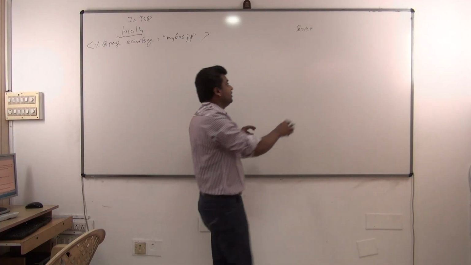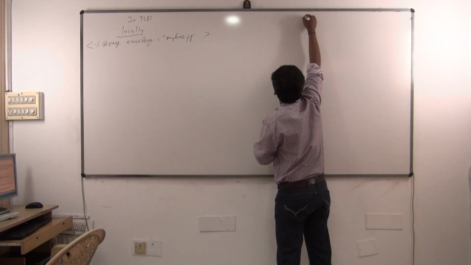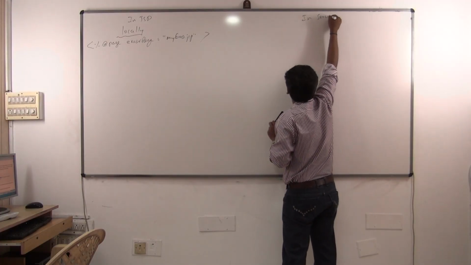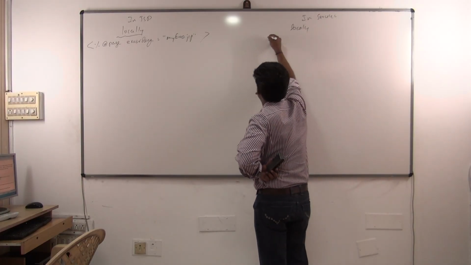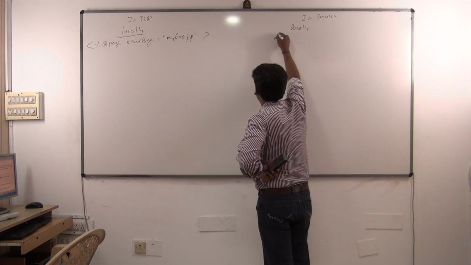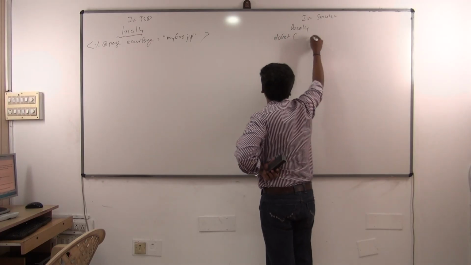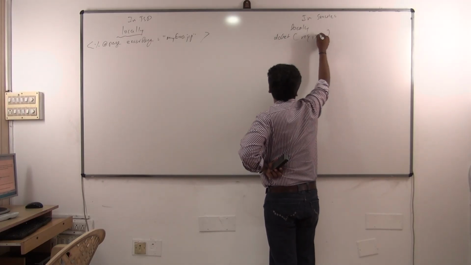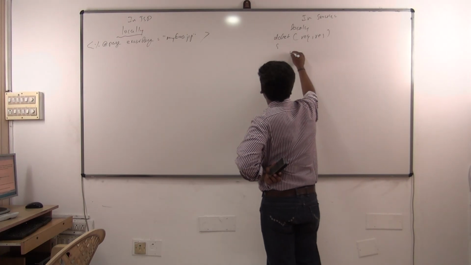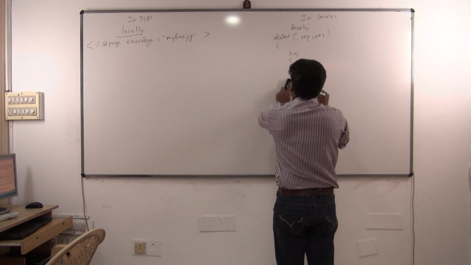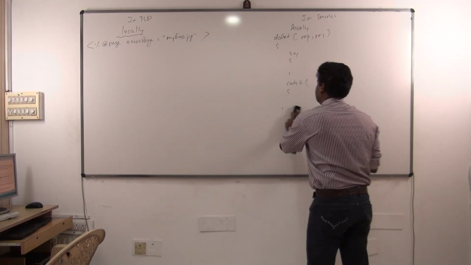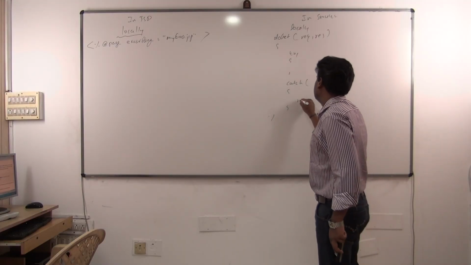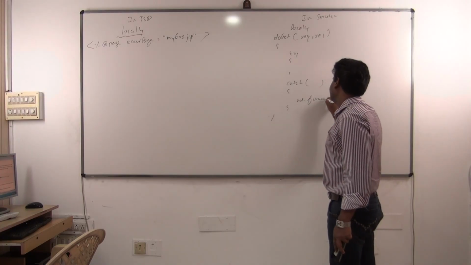In a servlet, how do you do it locally? If it is a doGet method or service method, whatever, this is local. You'll be writing try, catch, and here you will do rd.forward.